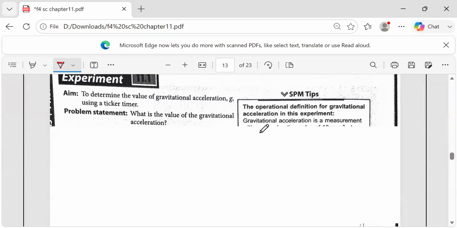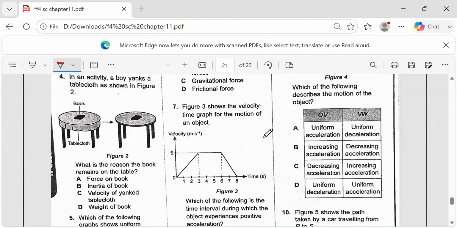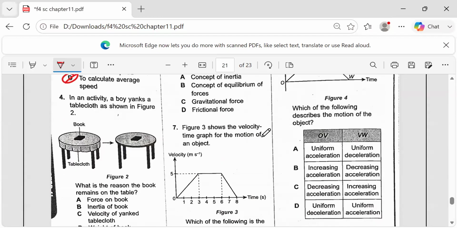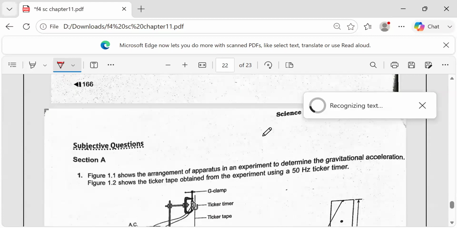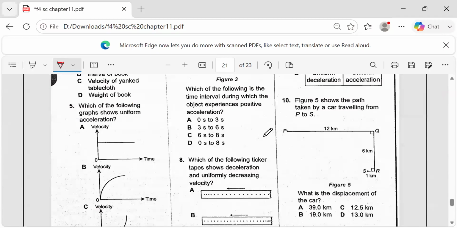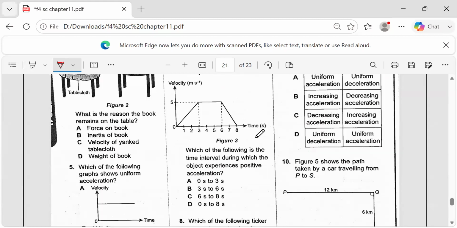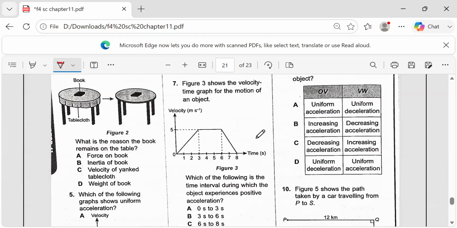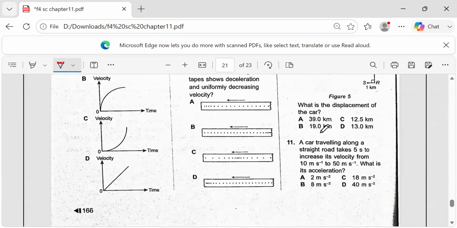Okay, let's try some questions. Can you please try question 7, 8, 10, 11.